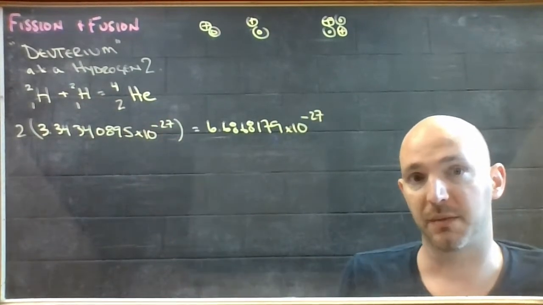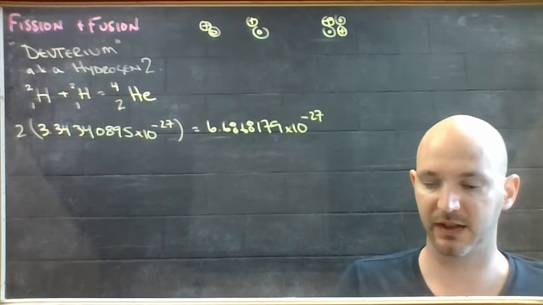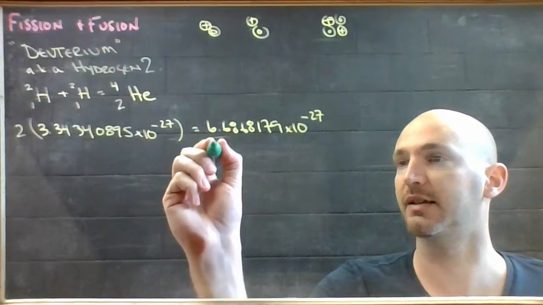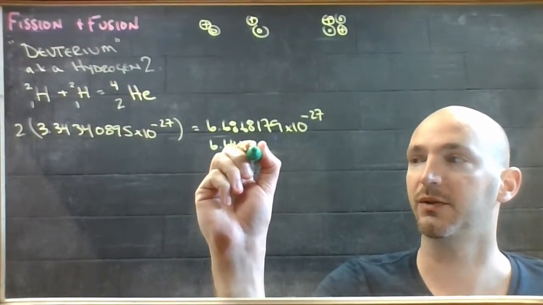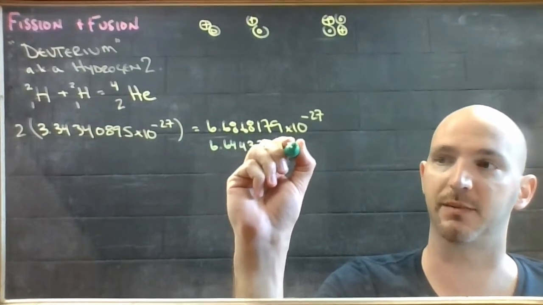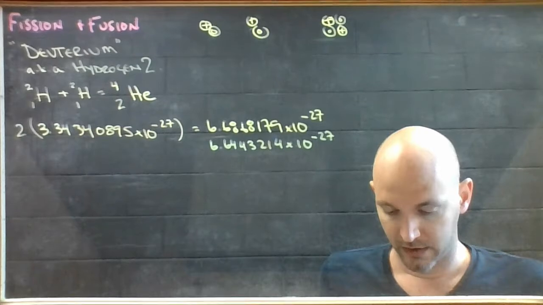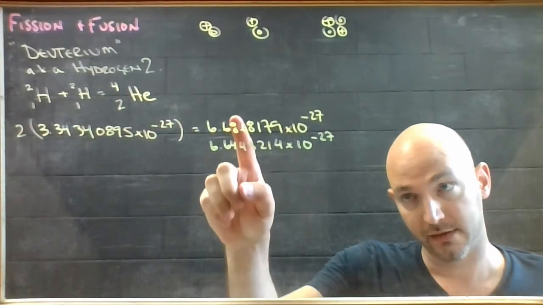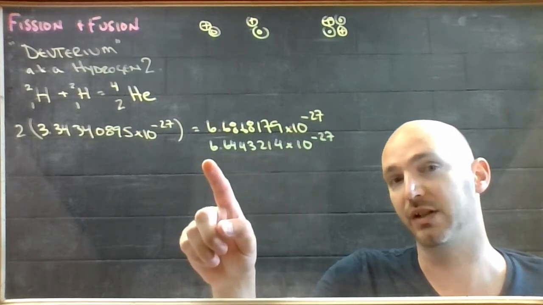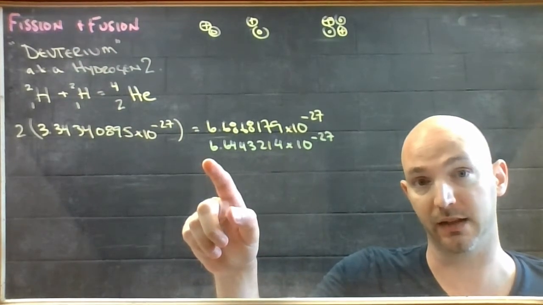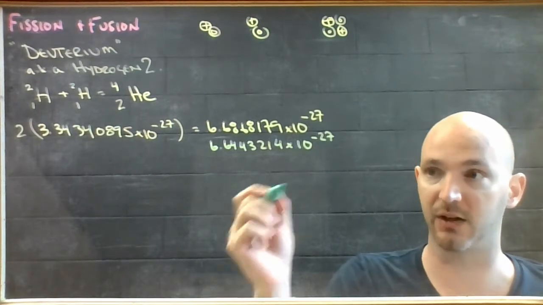Then I'm going to look up the mass of a helium-4, and I find that it has a mass of 6.6443214 times 10 to the negative 27. And you'll notice in that second digit after the decimal, there's less energy tied up in a helium than there is in 2 hydrogens. So let's figure out what the missing mass is.